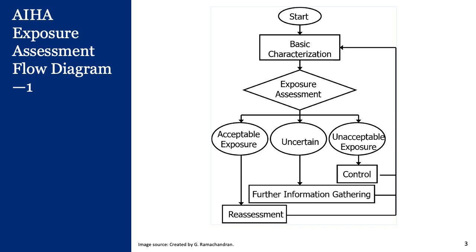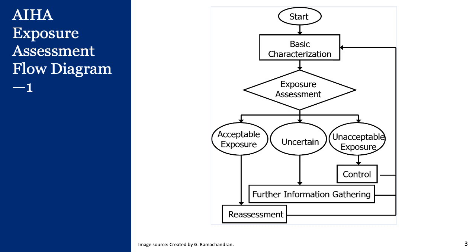Then we follow with a basic characterization of the workplace and the chemical and physical agents that we want to characterize, the types of work that are being conducted there, and the different types of workers that are in this workplace. Following which, we actually carry out the exposure assessment in the diamond.